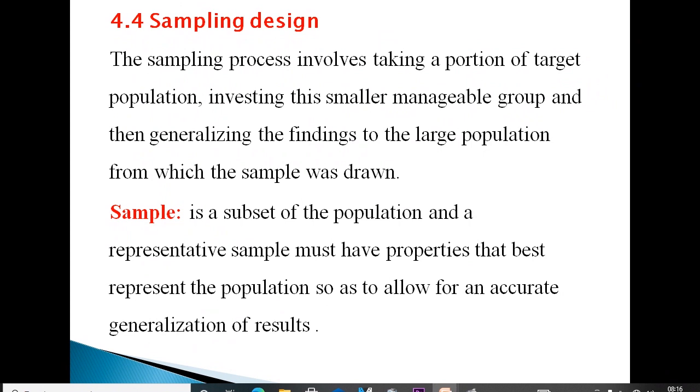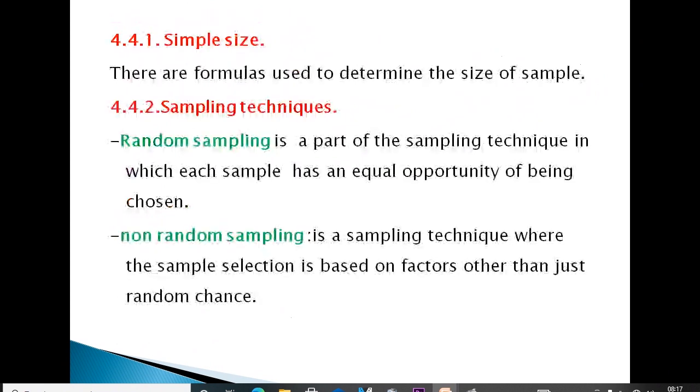The sample then is the subset of the population, and the representative sample must have properties that best represent the population so as to allow for an accurate generalization of results.